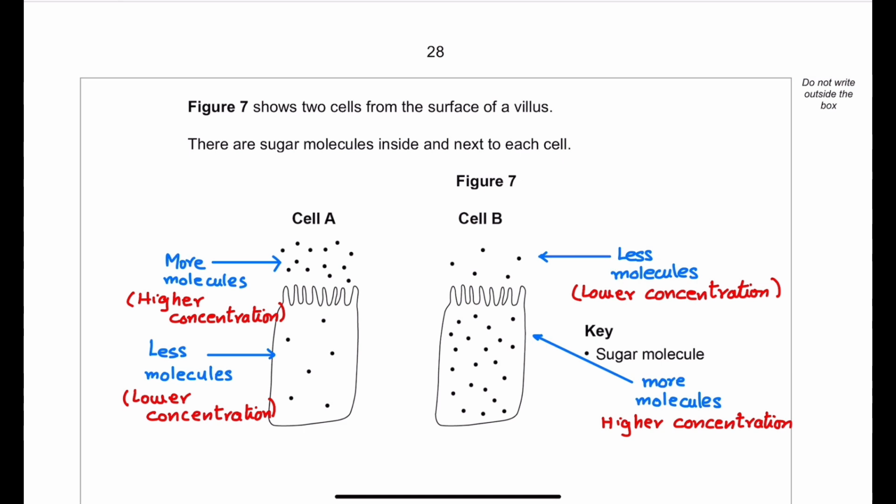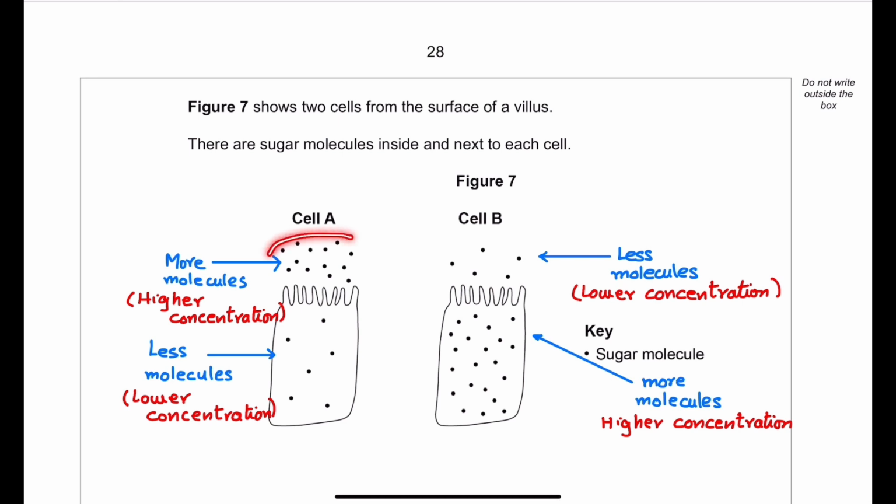Figure number 7 shows two cells from the surface of a villus. There are sugar molecules inside and next to each cell. If you look here, in cell A, more sugar is present outside than inside the cell. In cell B, more sugar is present inside the cell than outside the cell.